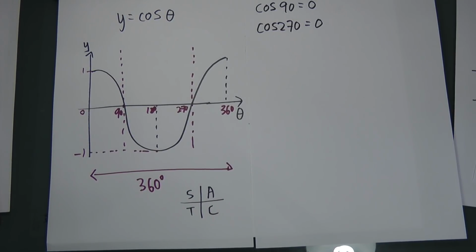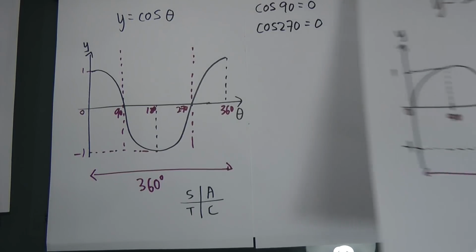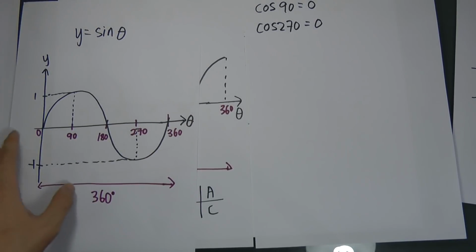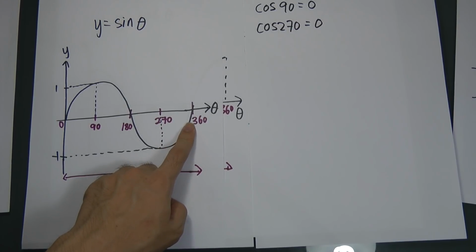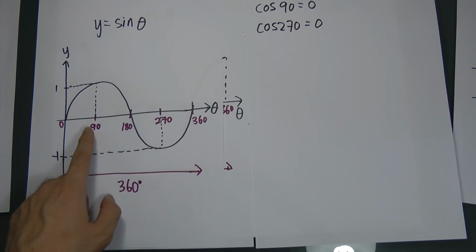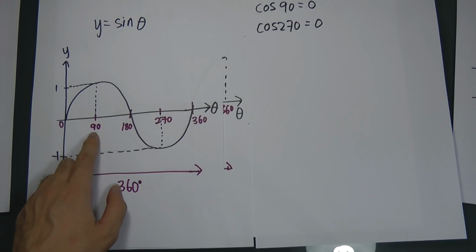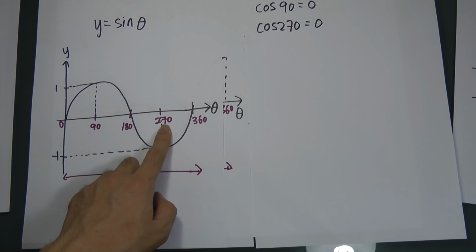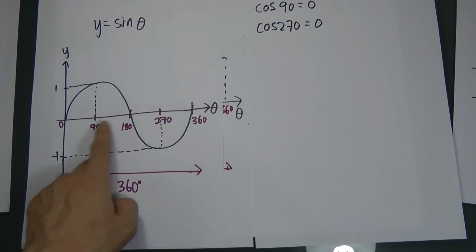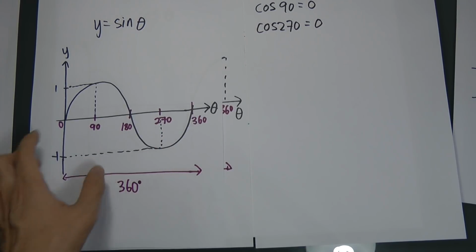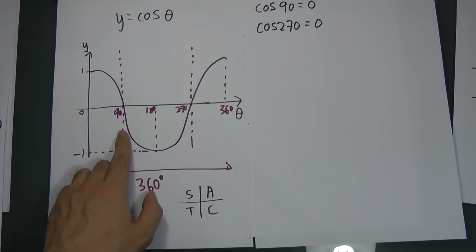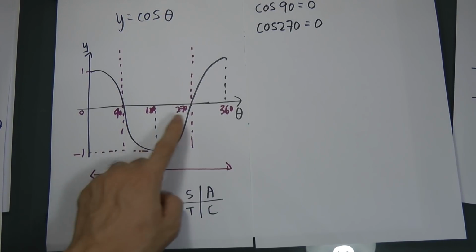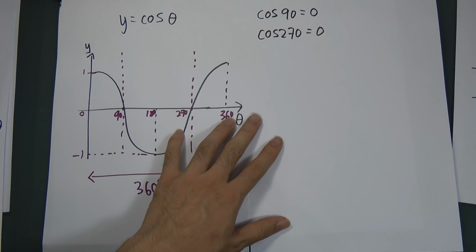In the sine graph you get 0 at 0, 180 and 360, and only at 90 and 270 you won't get 0. But in the cos graph, these two angles, 90 and 270, will give 0.